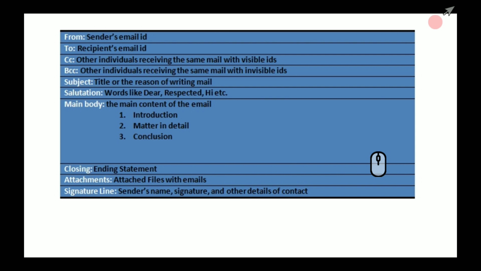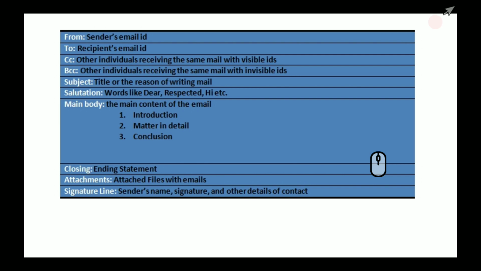We do write emails. This is quite a recent topic which I wanted to take with students, and this is an important topic also, students, because nowadays we all have to write emails, or we should know how to write an email. We are going to all use email at some point in our life.